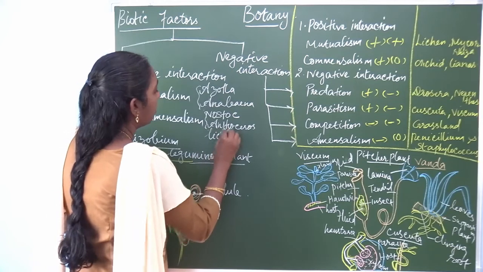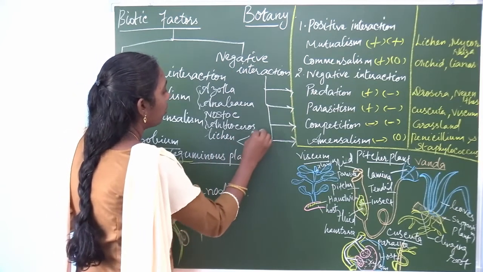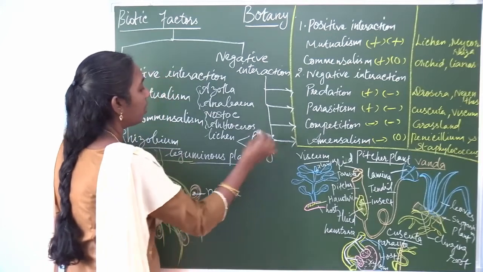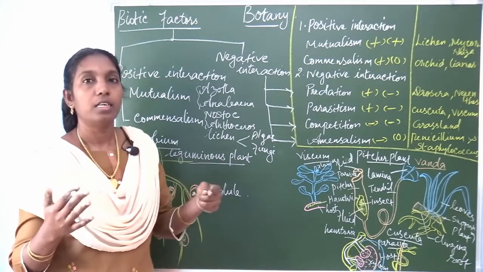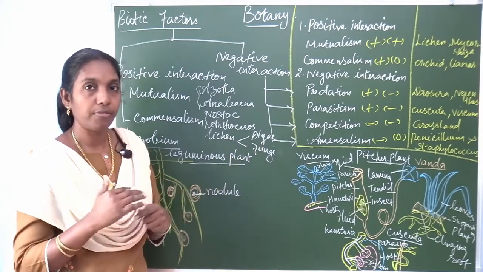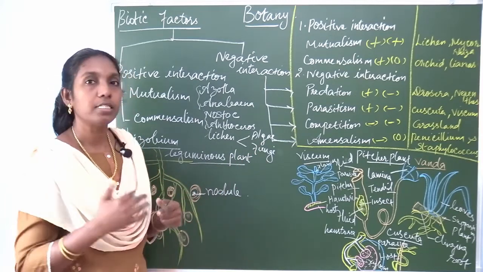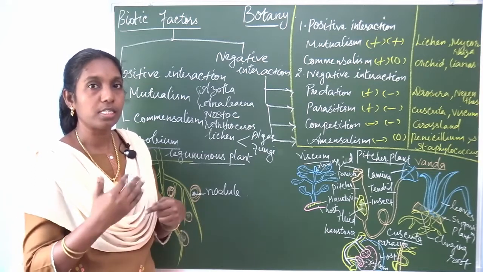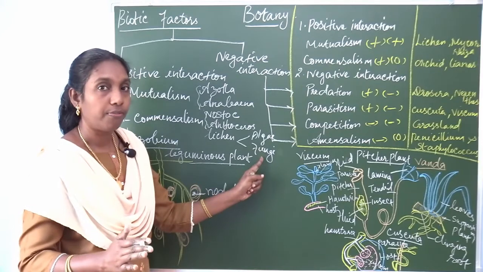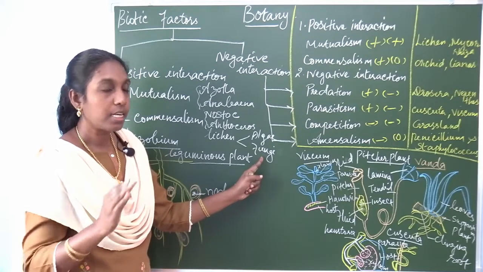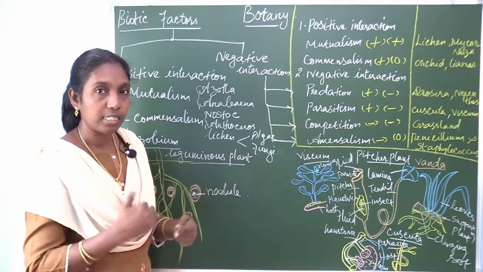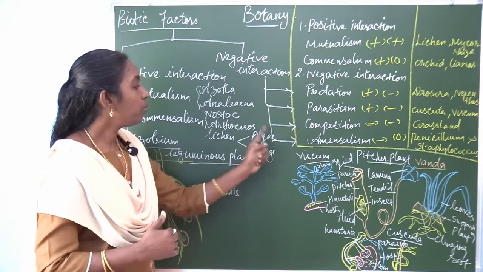Likewise, lichen. Lichen is the association between algae and fungi. How is it benefited? Algae, due to the presence of chlorophyll, synthesize their own food by photosynthesis. But fungus lacks chlorophyll, so it cannot synthesize food, but both are mutually benefited.